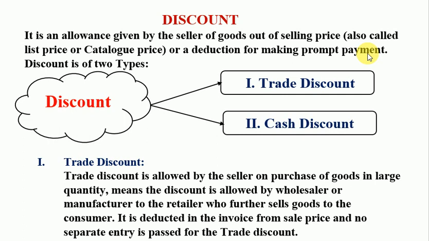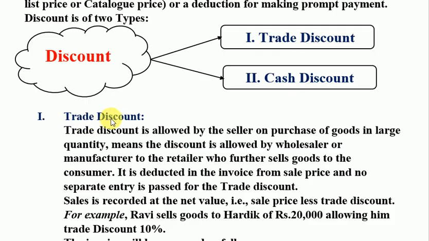That means a monetary benefit provided by the seller to their customers is known as a discount. Got it? Discount is categorized into two types. First, trade discount, and second, cash discount. So what is trade discount and what is cash discount? We'll discuss right now.